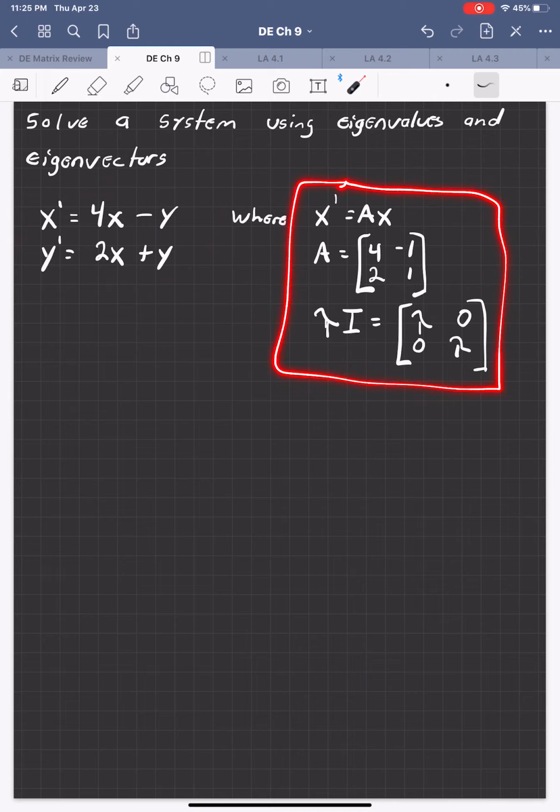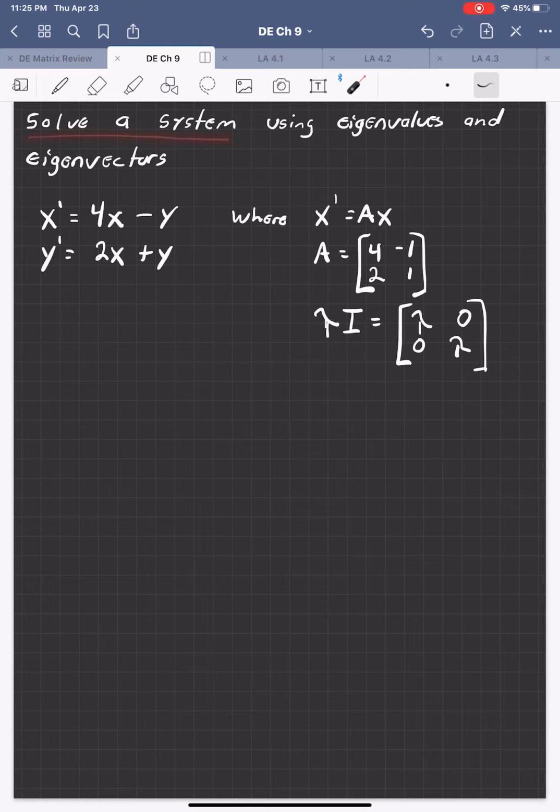Of course, this is a very baby problem, but let's proceed. So what do we want to do? We want to solve a system using eigenvalues and eigenvectors. What is the system that we want to solve? We want to solve the following system.